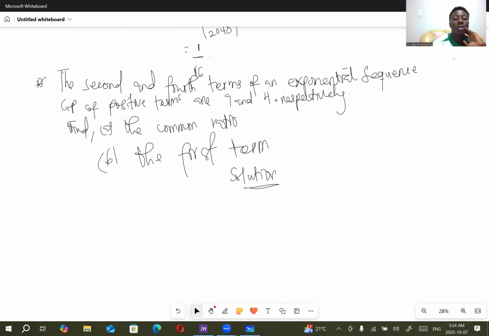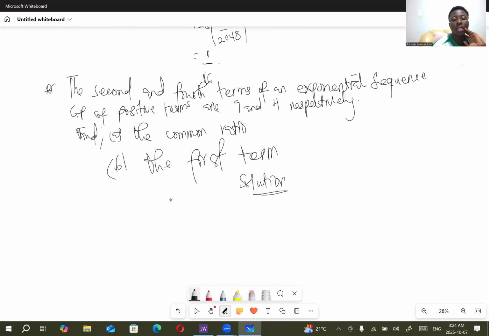That's what it means. Now the second term is denoted with u2, and u2 is equal to ar to the n minus 1, that's 2 minus 1.